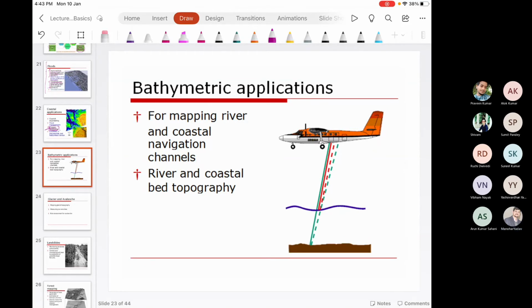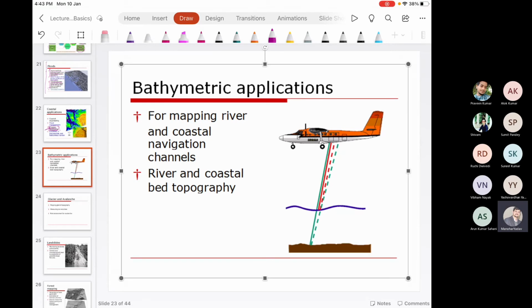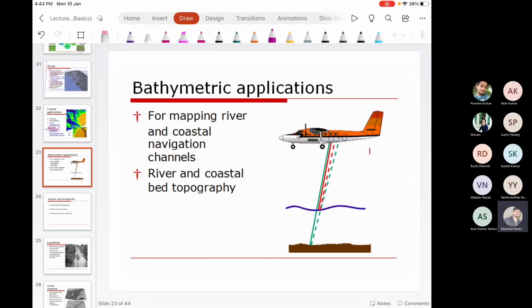Now we use LiDAR for bathymetric applications. Okay, in this case, what happens? As we discussed before, when we generate a laser in the NIR band, it can't be reflected from the water as it is absorbed by the water.